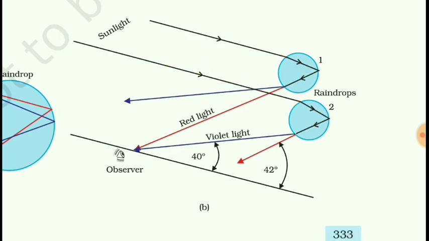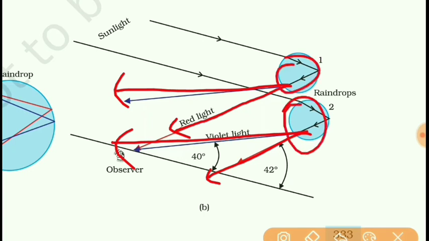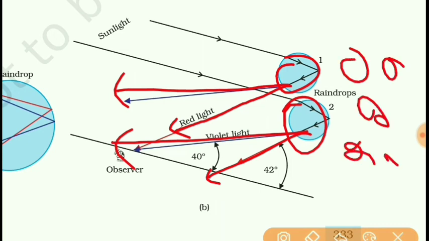You can see this red color light parallel to each other, as well as violet color light, they are parallel to each other. Here 2 drops are shown, but we know that during rain there are many drops, and from all those drops this phenomenon takes place.